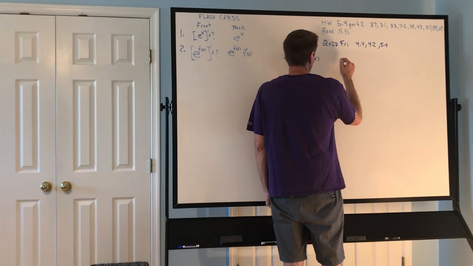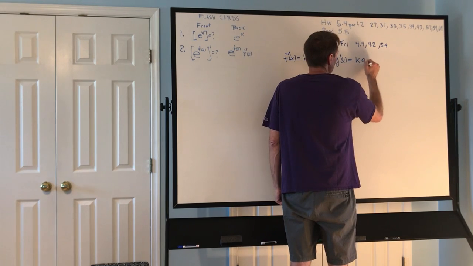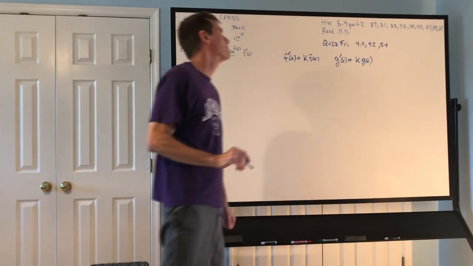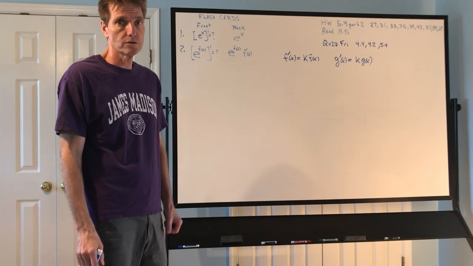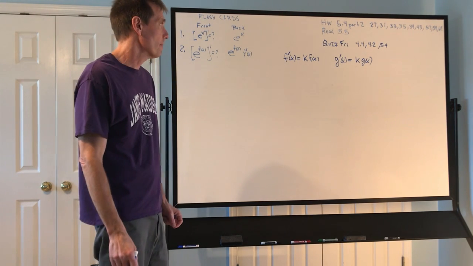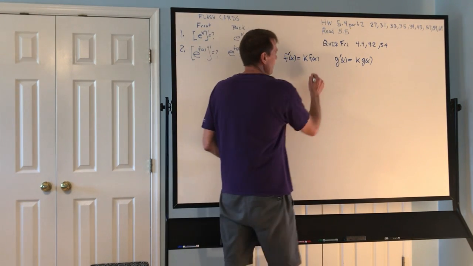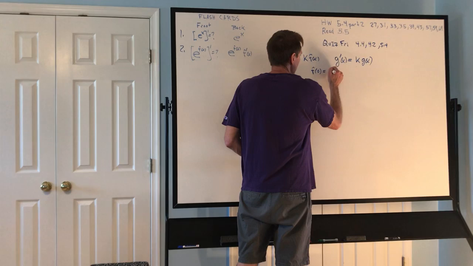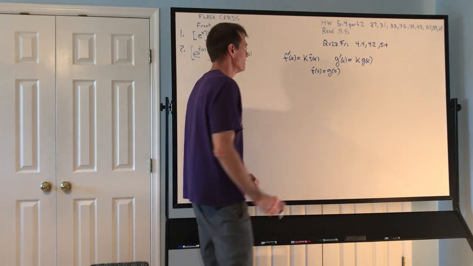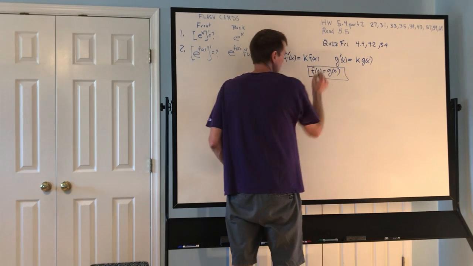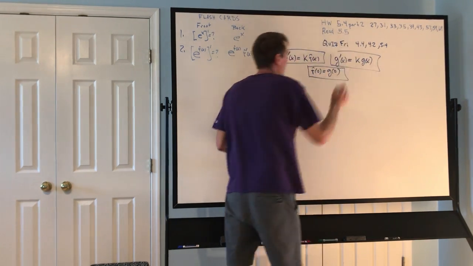And I've got some other function whose derivative is also equal to some constant times itself. Okay? And suppose I know one other thing, and that's that f of 0 is equal to g of 0. So I've got this piece of information, this piece of information, and this piece of information.